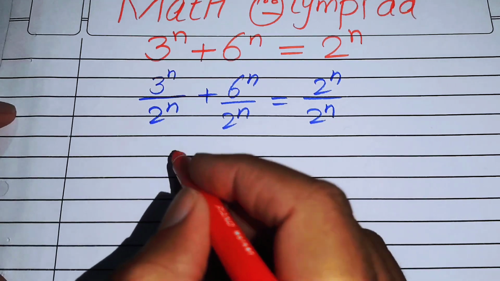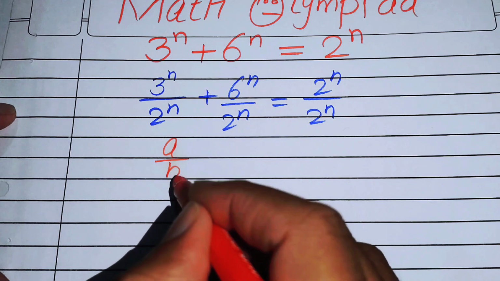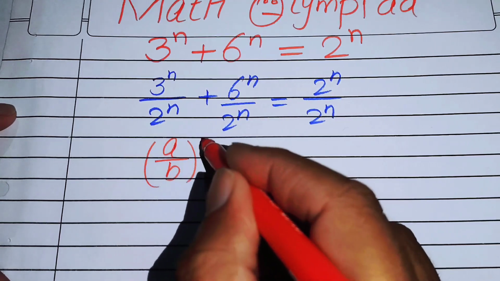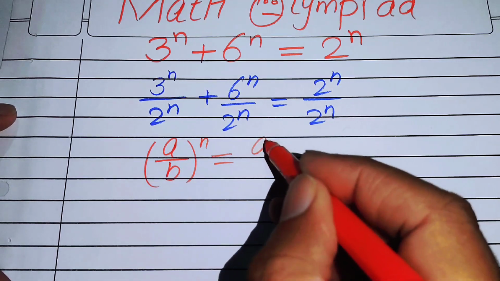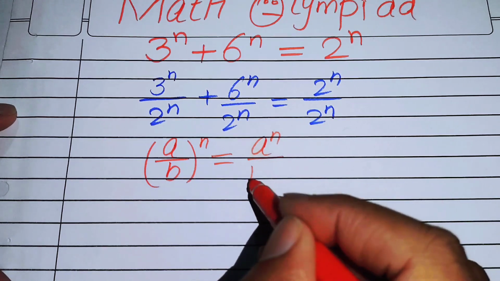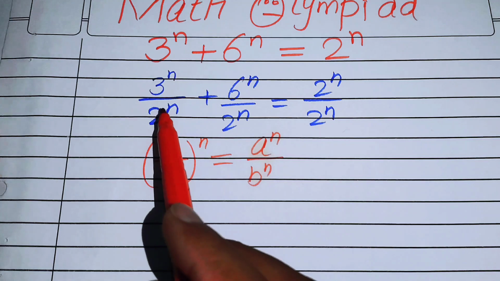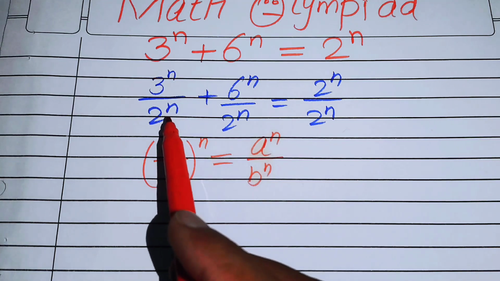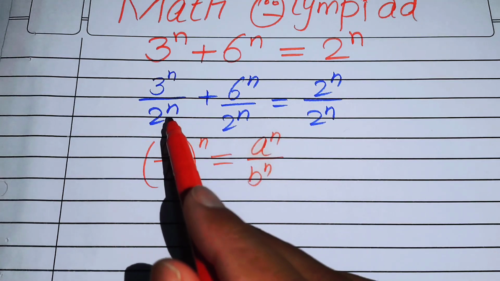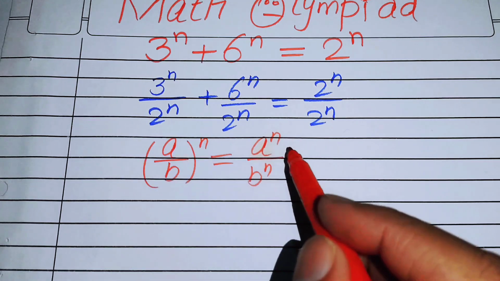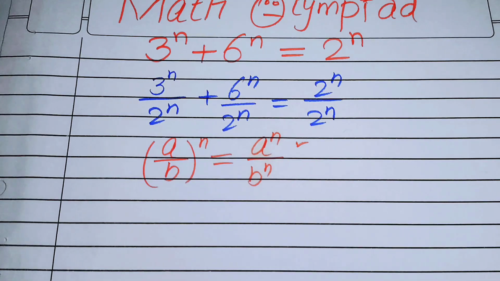You know that if we have a over b and its whole power n, it is equal to a to the power of n over b to the power of n. So here we have these two numbers and its whole exponent is n, so we can combine these exponents by using this exponential law.